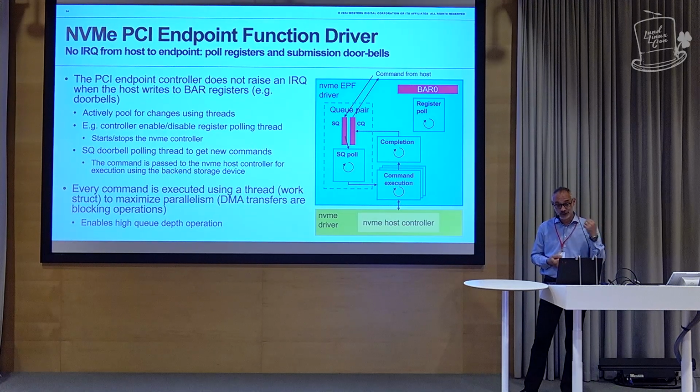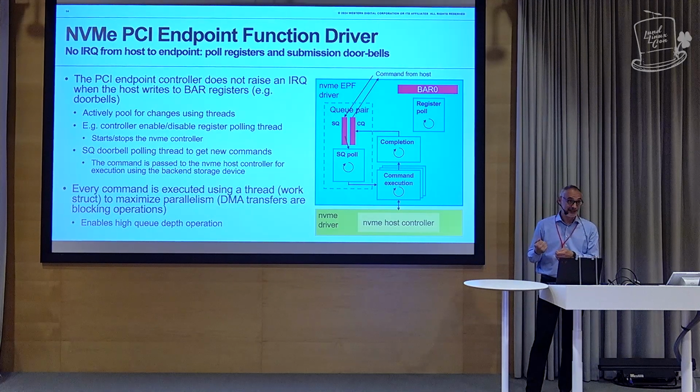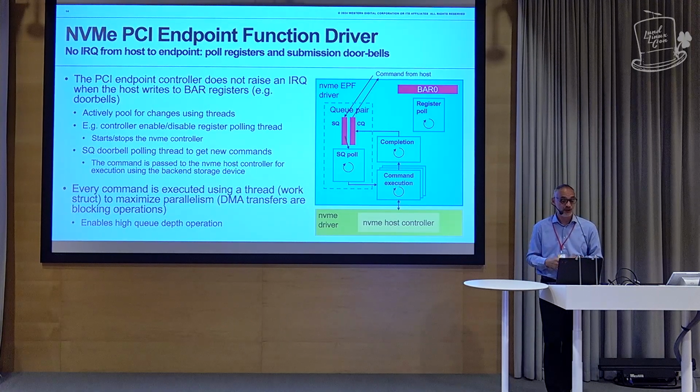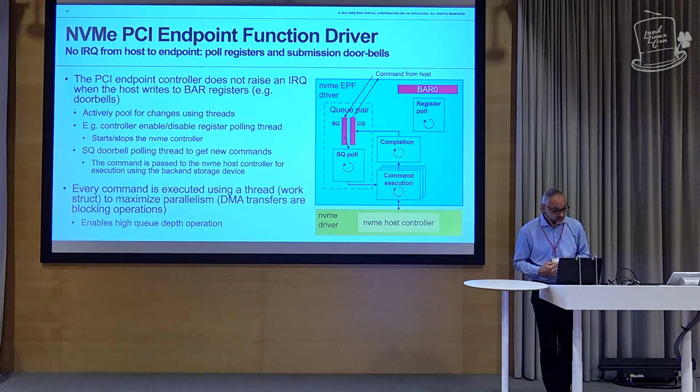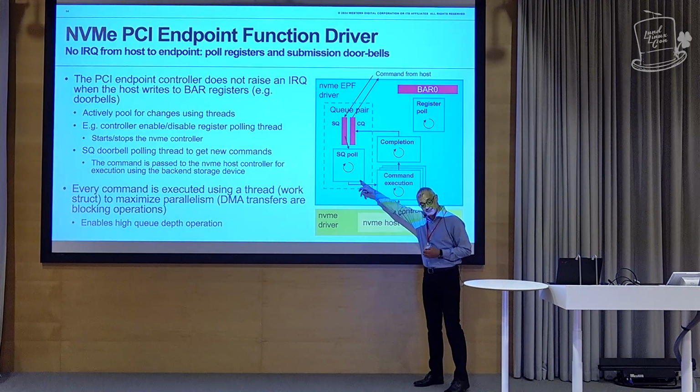And when the host submits a command, it will write the tail of the submission queue doorbell, and you do not get an interrupt for knowing that happened. So what you have to do on the endpoint is constantly poll those doorbells to detect if the host sent new commands. So that means one more queue, one thread.